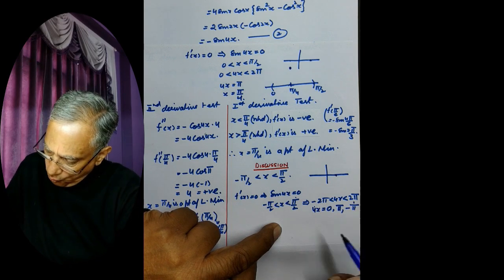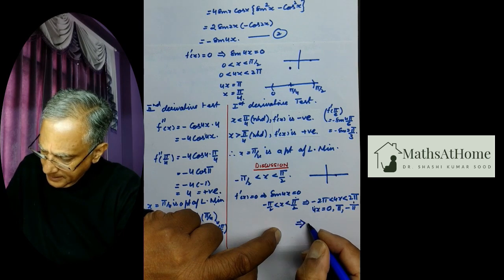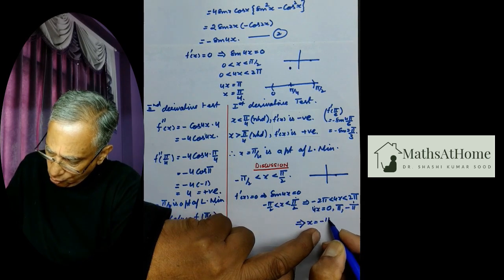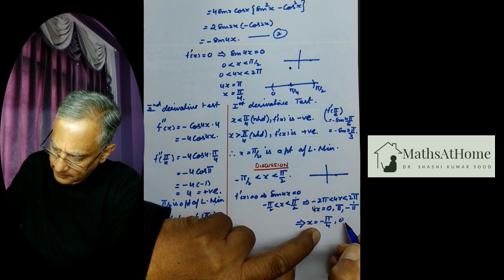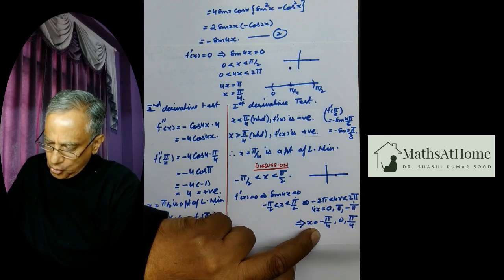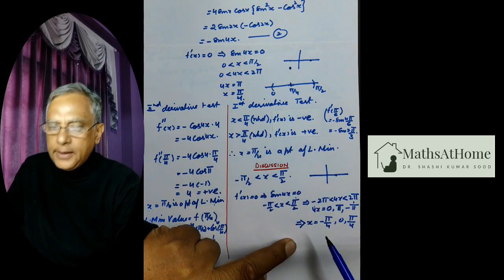So values of x that we have to consider are x equal to minus pi by 4, 0 and pi by 4. So we will discuss the above question for these values.